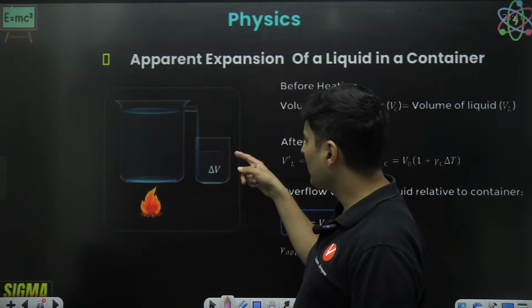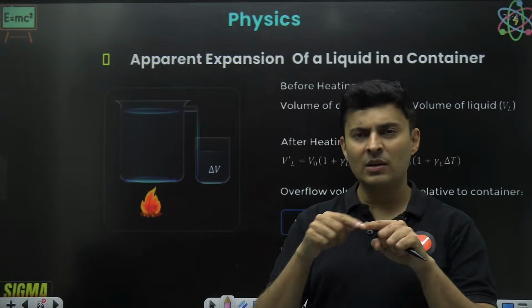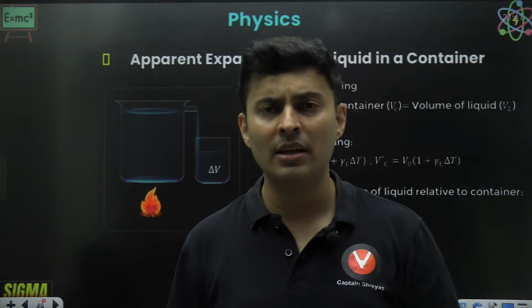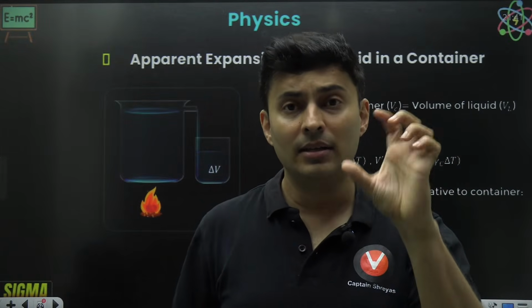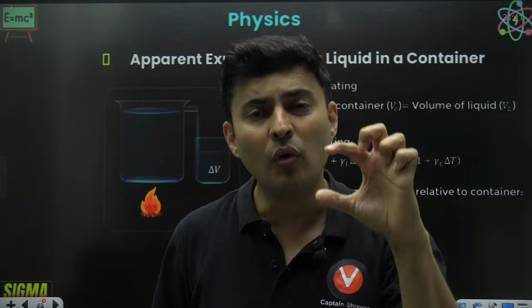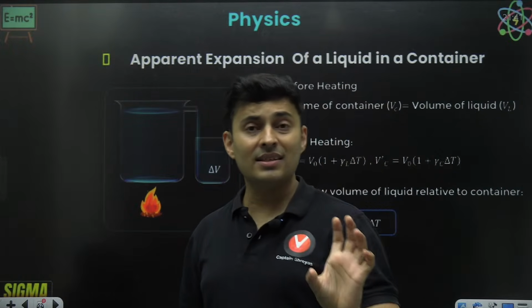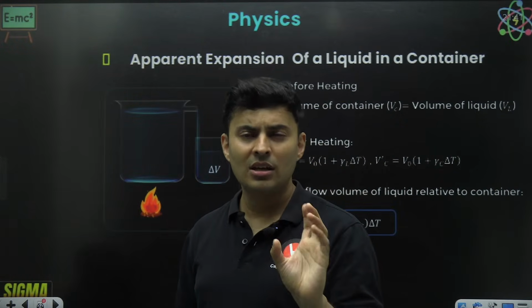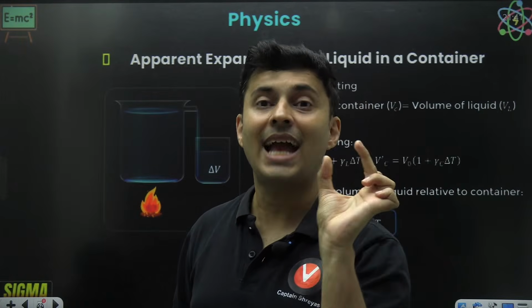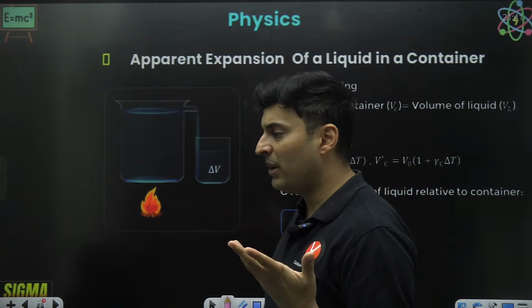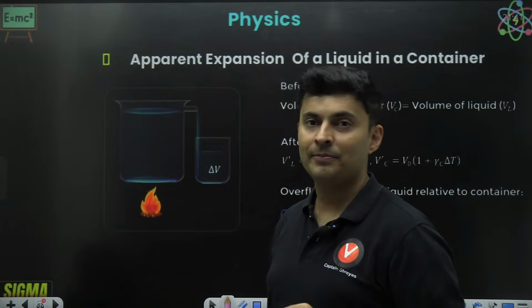So earlier, if the container marking was some ml, after heating, if it shows some new ml and you measure that difference, that won't be the actual change in volume. That is a pseudo change, not so real. That is the apparent change, what you feel, what you are seeing. It is apparent, but it is not real.